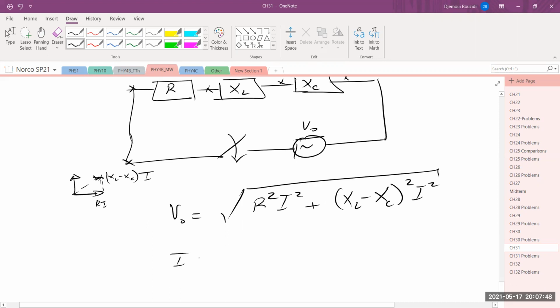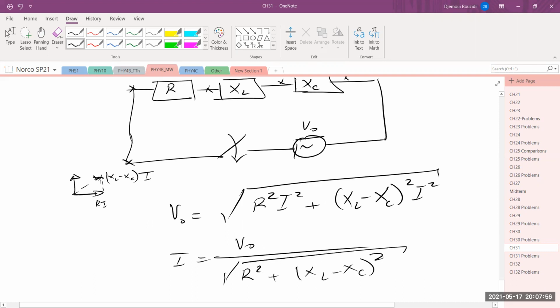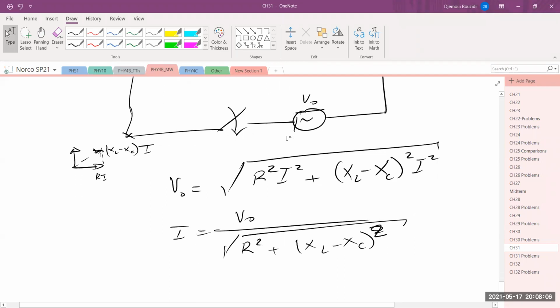From here, we're going to find the same expression equals V naught over square root of R squared plus XL minus XC squared. Obviously, for this simple case, it looks obvious. But if you have a more complicated circuit, you should proceed in a similar fashion, okay? That is basically how you handle AC circuit components.